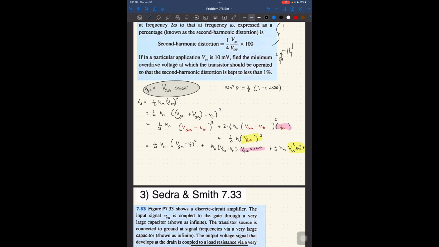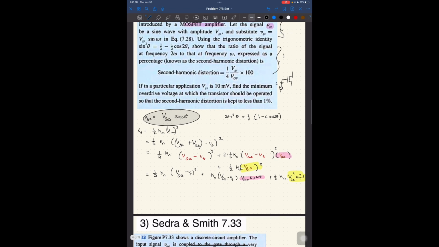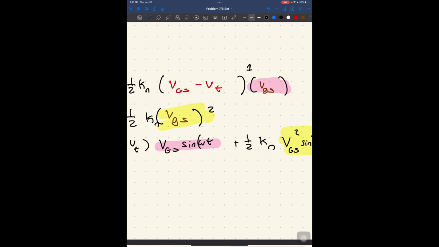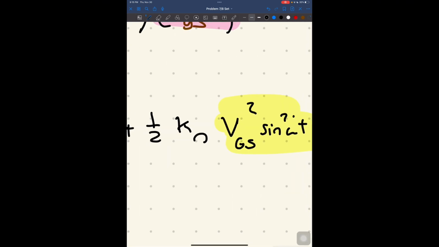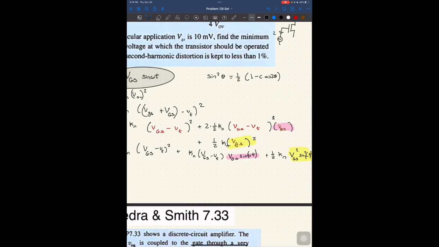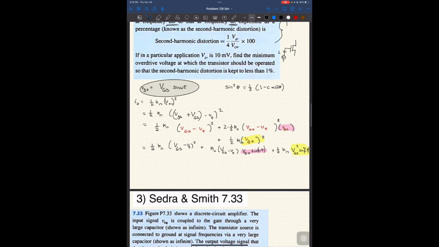And what is the question asking me? The question is asking me to show that the ratio of the signal expressed in 2 omega to that expressed in omega. Right now, I have nothing. I have omega t, and I have omega t. So maybe it's time to use that transform, where sine squared theta is equal to 1/2 (1 minus cos 2 theta).